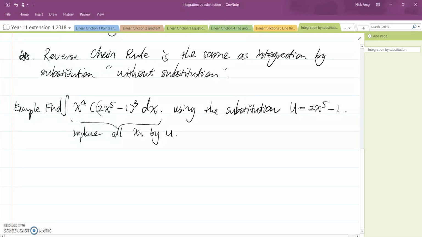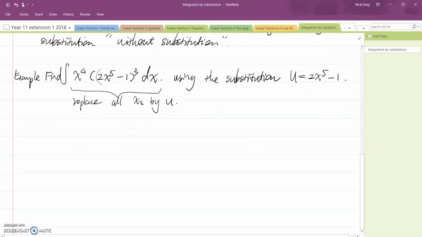Now, when we do integration by substitution, we always separate it into two sides. One side is a normal integral. The other side is the substitution process. To start, we let u equal 2x to the power 5 minus 1. So what's the first thing we need to do?